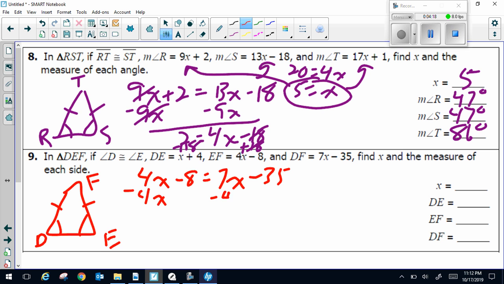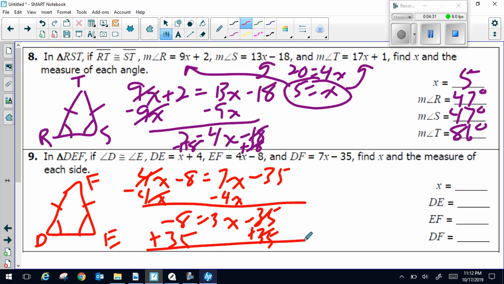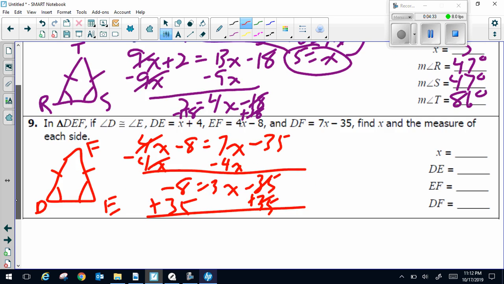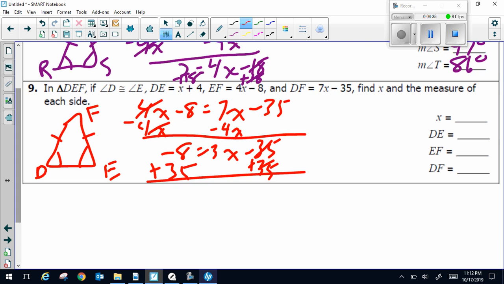Subtract 4x, subtract 4x. So negative 8 is equal to 3x minus 35. Add 35 to both sides. So you get 27 is equal to 3x. So when you divide by 3, x is equal to 9.